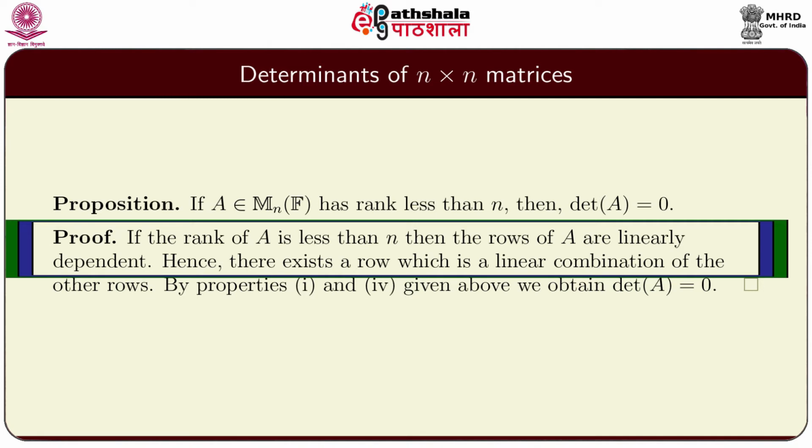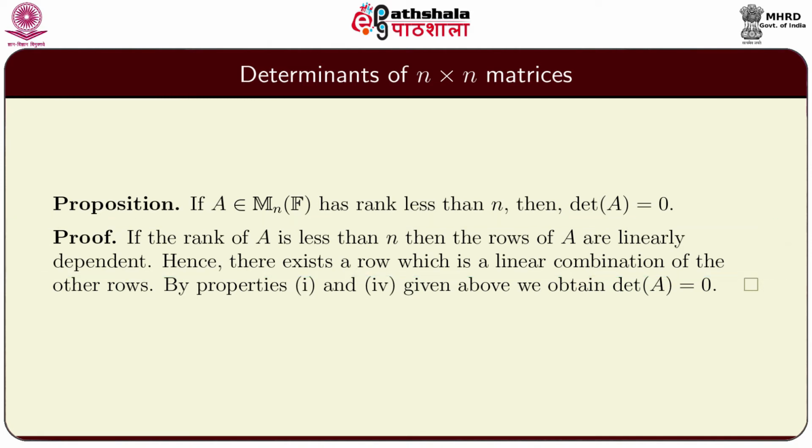That means rank is not the full rank, and therefore it cannot happen that all the rows are linearly independent. Hence, there exists a row which is a linear combination of the other rows, and then we can use properties 1 and 4 from that list and obtain that determinant of A is 0.